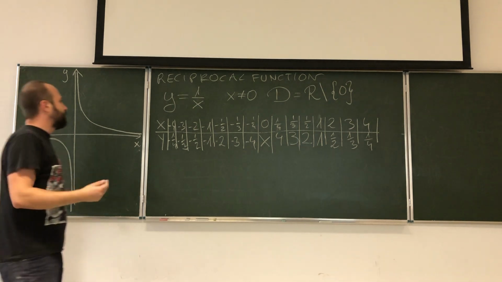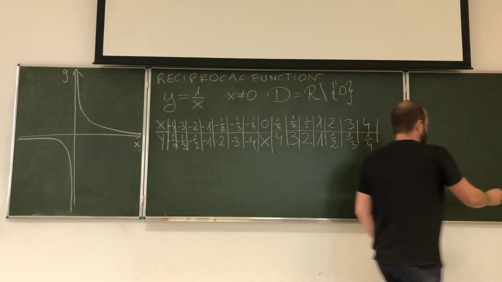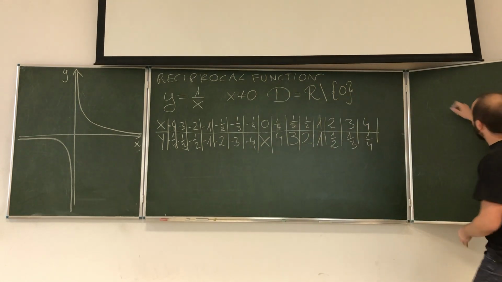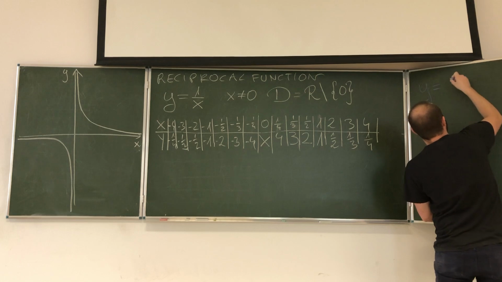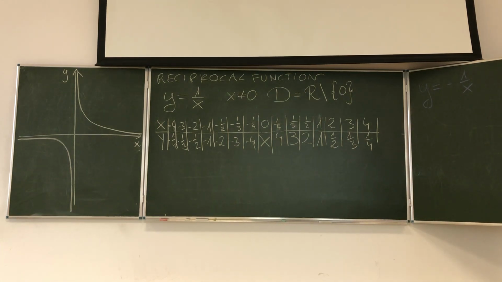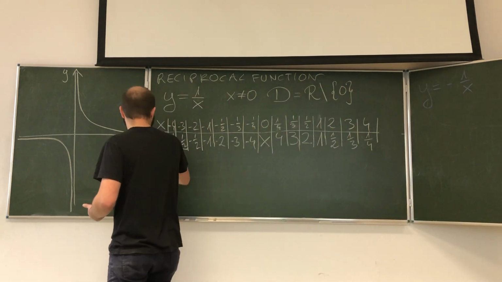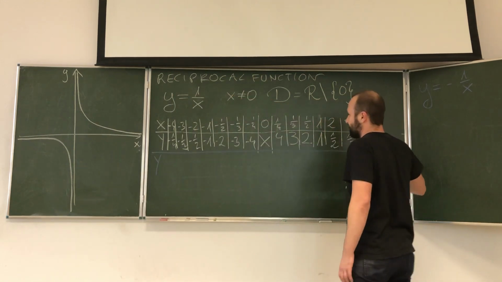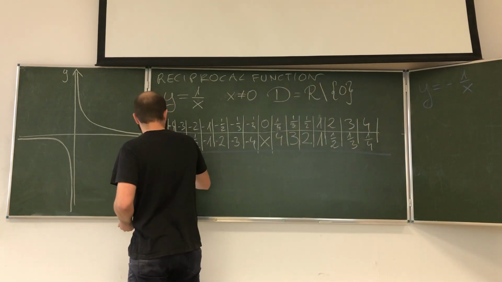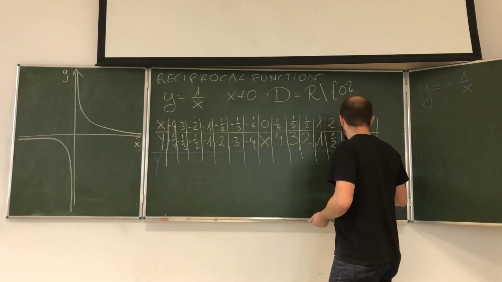Look, imagine the function we are going to do now is y. I hope you can see it over here. y is -1 over x. Well, we already talked about this transformation, right? It's not very problematic, but what we need to do, we need to change any number to a number with an opposite sign, right?